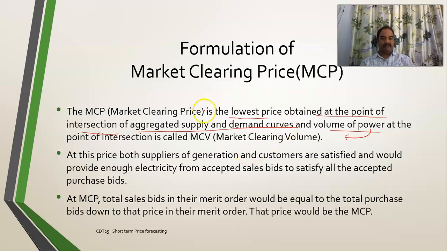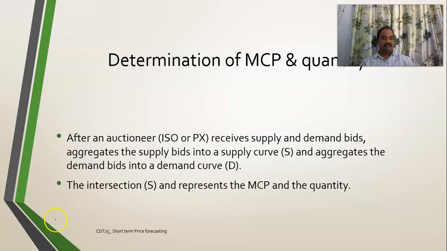At this MCP, all the suppliers of generation and customers will be satisfied, and trading will be done between those whose bids have been finalized. At this particular MCP, total sales bids in their merit order would be equal to the total purchase bids, and that price will be the MCP.